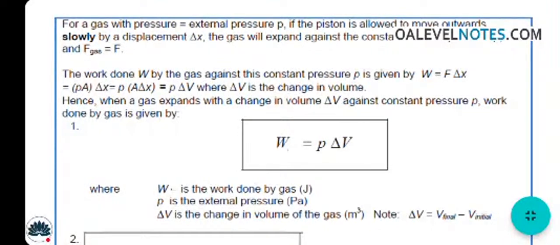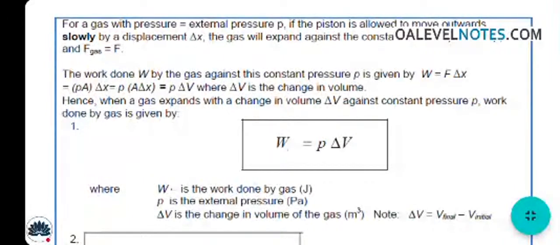In the F I replaced by the pressure formula, in which I made force the subject, and then I found PA delta x, and from A delta x, I find out that this is volume. So I'll just replace it with P delta V. What does it mean?